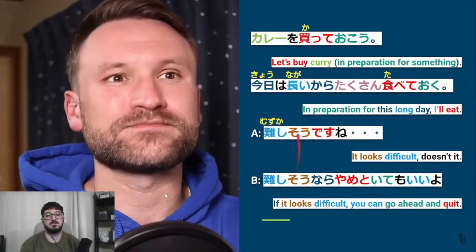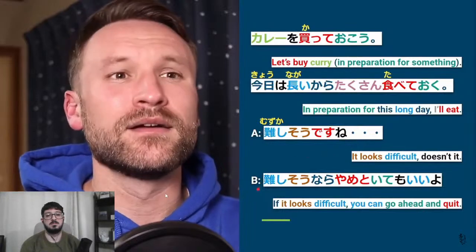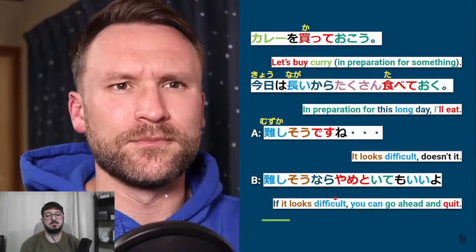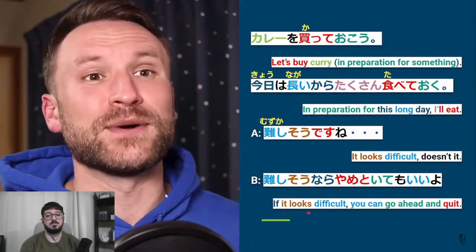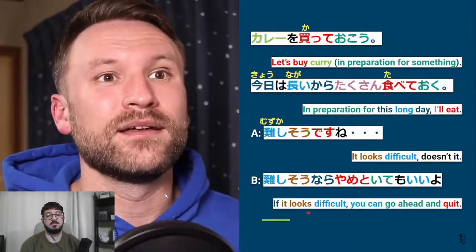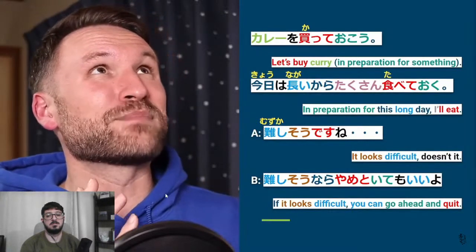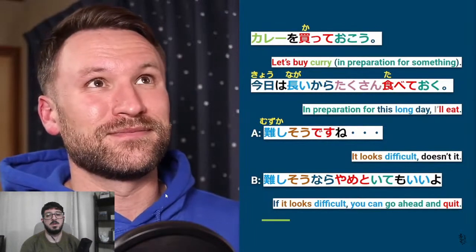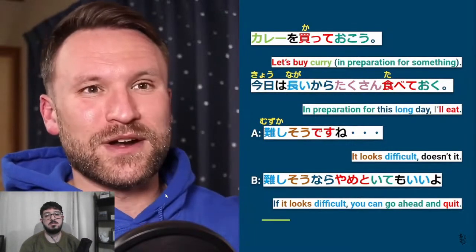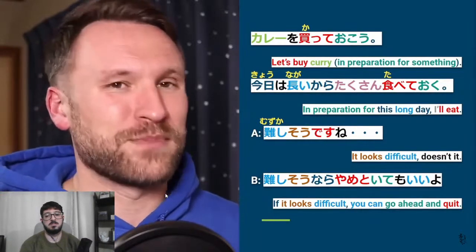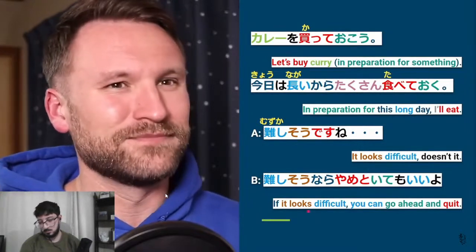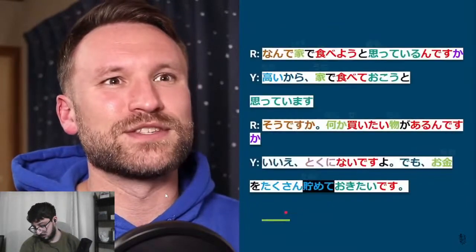Either way is fine. If it looks difficult, you can go ahead and quit. Because it looks difficult, you're quitting in preparation for it to be difficult. You know it's going to be difficult, so you're quitting ahead of time before anything goes wrong. You're preparing for that. This is a little weird. But that's the kind of situations you're going to be using it in.